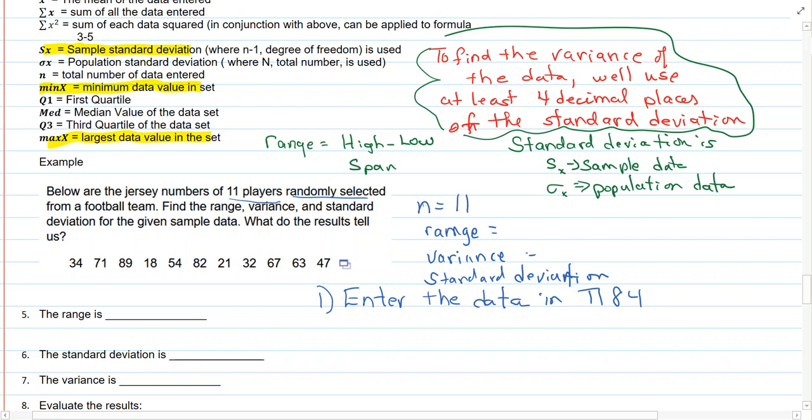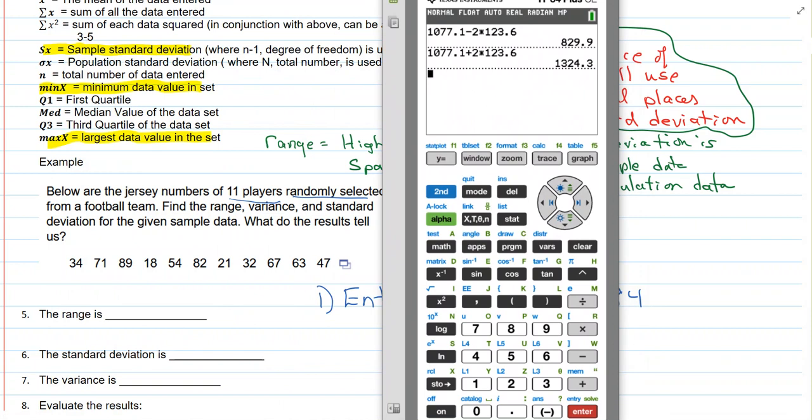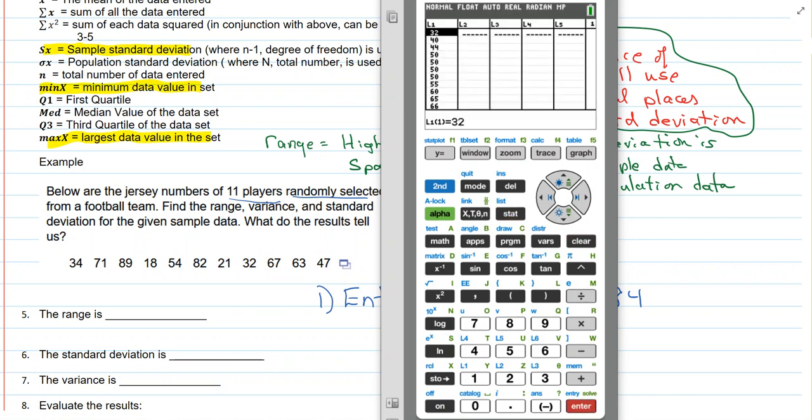So I'm going to bring down my calculator and place it so everybody can see what I'm doing. And again, you can pause or look back at some old notes if I didn't give you enough time to figure out where I'm at. So I'm going to clear my home screen. I'm going to go to the Stat key. I want Edit because that's the window I want. I've got data in it, so I'm going to do an up arrow, clear, enter.